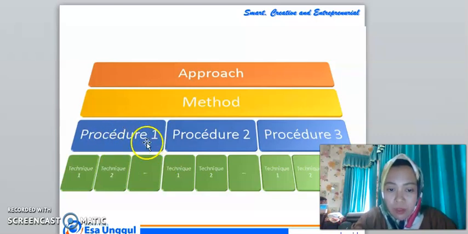So that's the procedure. And then the technique will be different in the classroom based on the types of cooperative learning itself.